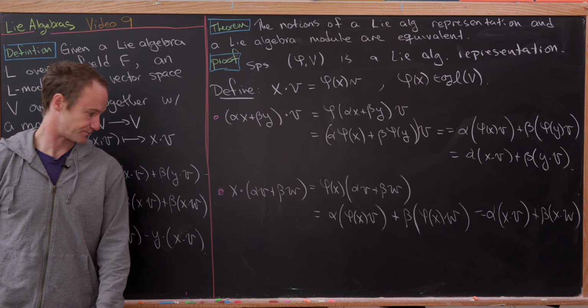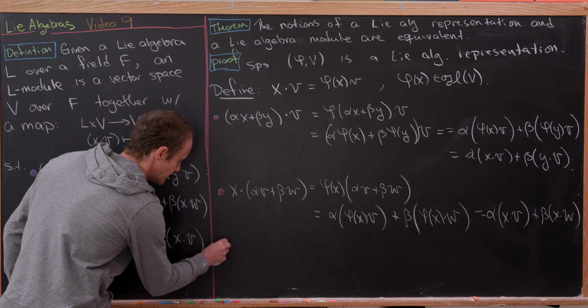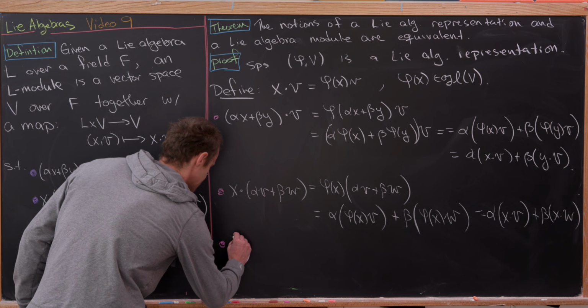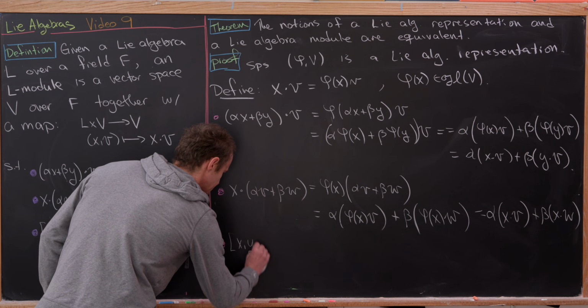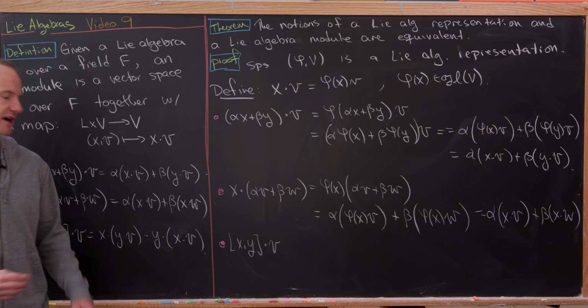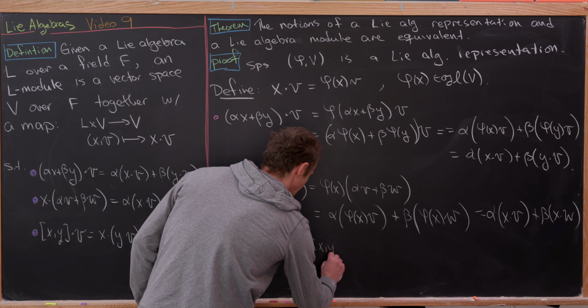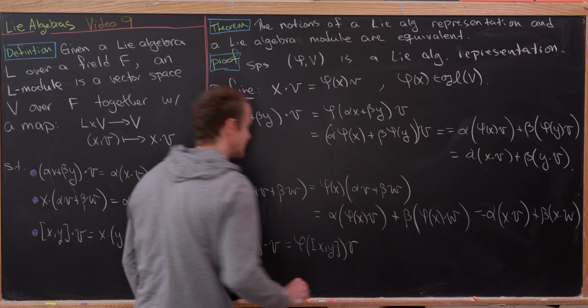Okay, nice. And now let's look at the last property. In that case, we need to look at the bracket of x with y acting on v. So that's going to be phi of the bracket of x with y applied to v.